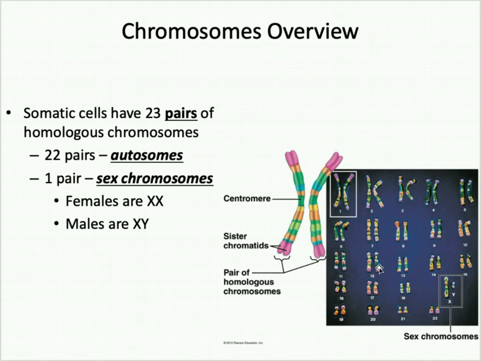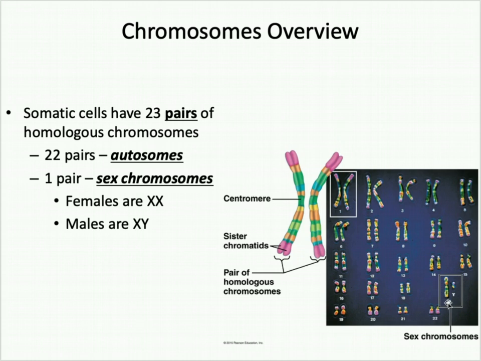So here in a normal karyotype in our body cells, our somatic cells, we have 23 pairs of homologous chromosomes. If you count it, here we have 22, and then our sex chromosomes, that's 23 pairs. There's 2 in each pair. 22 of those pairs of homologous chromosomes are called autosomes, and these autosomes are what you find in every male and female.